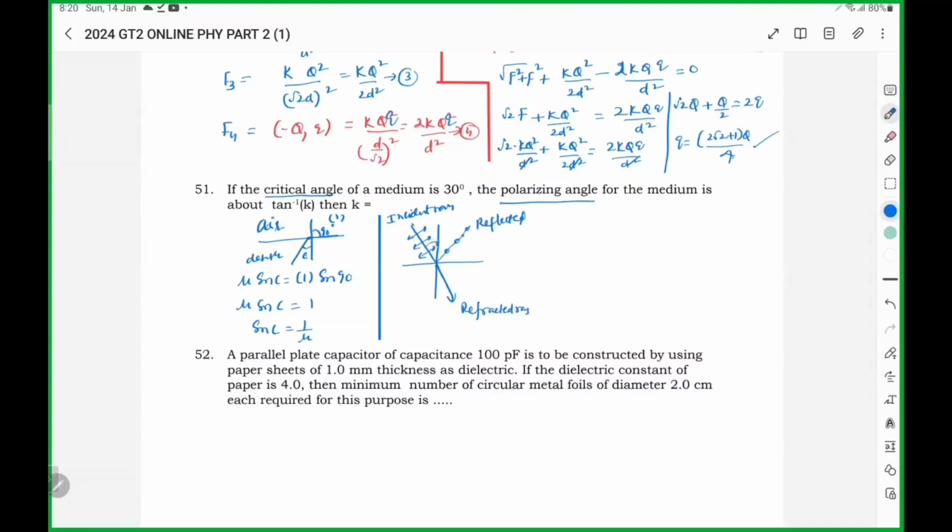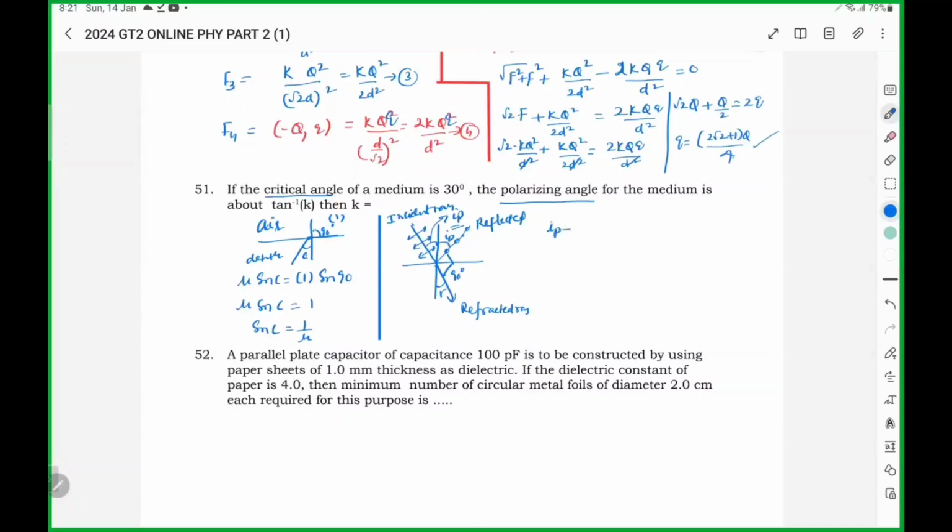So for one particular angle, maximum polarization occurs. That angle is IP, the polarization angle. When this happens, the reflected and refracted rays are at right angles. So this is the angle of refraction. The angle of incidence and angle of reflection are same.